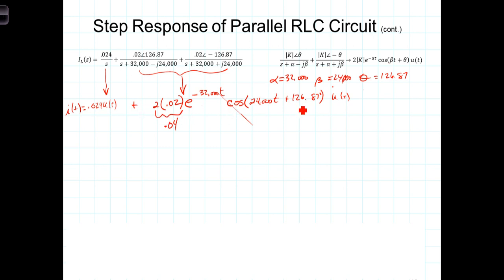And we now have our I of t equal to 0.024 u of t plus this cosine term with a phase term. Now let's compare our results for I of t with what we would have gotten using the classical differential equations solution approach for an underdamped circuit. We recall that I of t would have been of the form e to the minus alpha t times b1 cosine of omega sub d t plus b2 sine of omega sub d t.